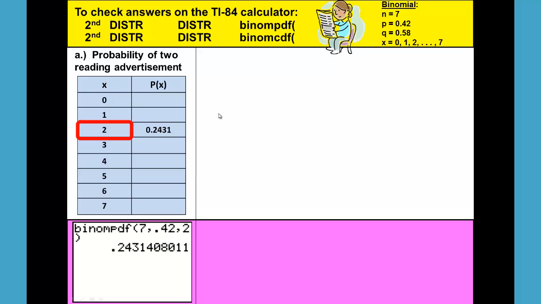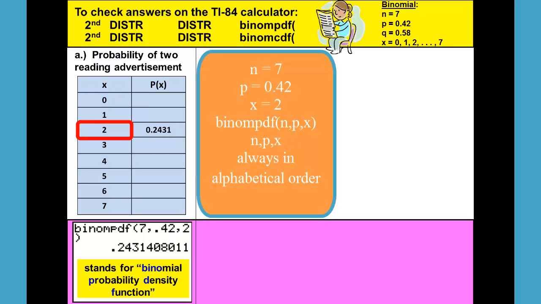The command uses the binomial PDF, and PDF stands for binomial probability distribution function. 7 is your N, 0.42 is your P, and X is your 2. It's always in the form of N, P, X.